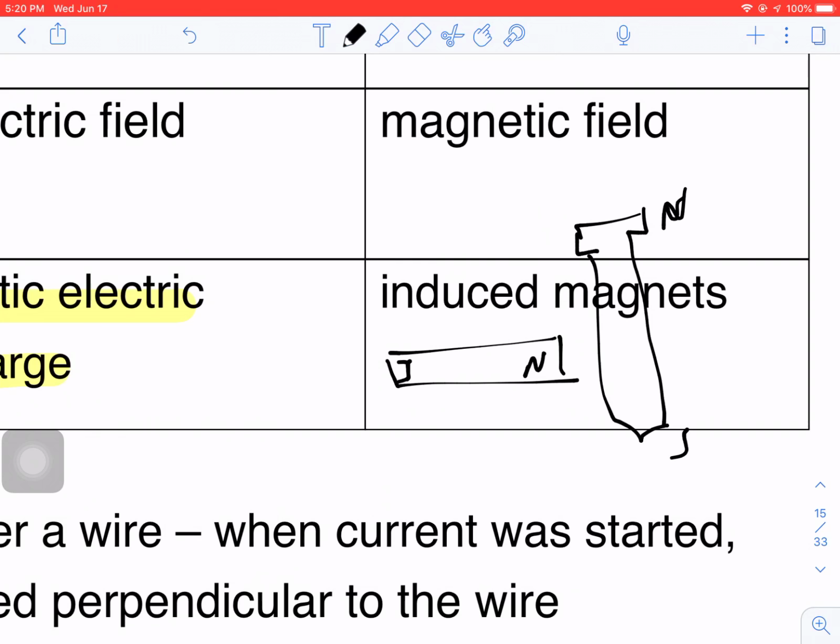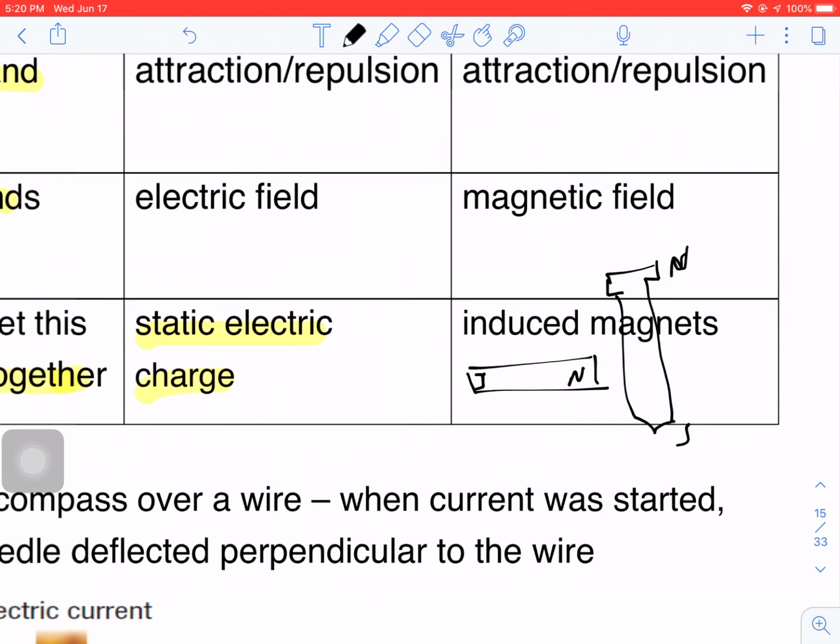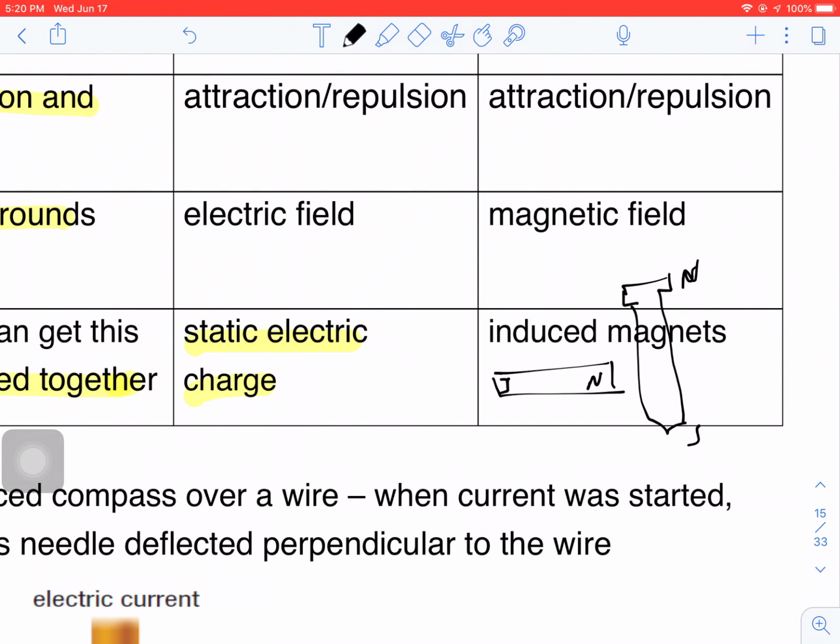So just like we saw with static charge, if I rub things together I can create static. Ørsted said if I rub a magnet near a non-magnetic material, I can generate this type of effect also. So he was convinced something's going on here. Either magnetism and electricity are the same thing, and we're just not figuring this out yet, or maybe magnetism and electricity are just two different forms of something that are related, like water and ice, or maybe I just don't know yet.